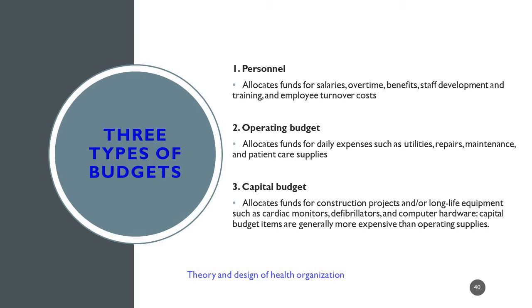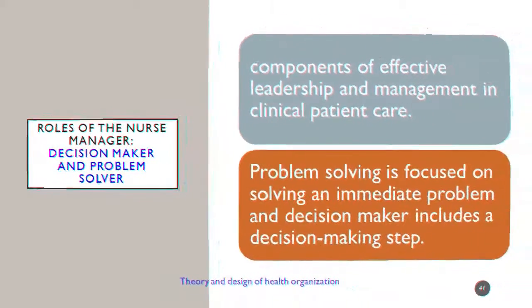Operating budget. Allocates funds for daily expenses such as utilities, repairs, maintenance, and patient care supplies. And 3. Capital budget. Allocates funds for construction projects and/or long-life equipment such as cardiac monitors, defibrillators, and computer hardware. The capital budget items are generally more expensive than operating supplies.